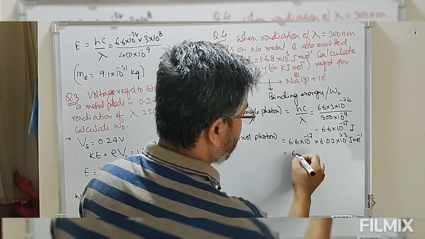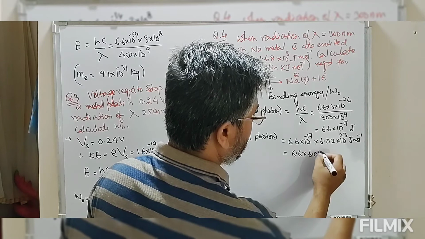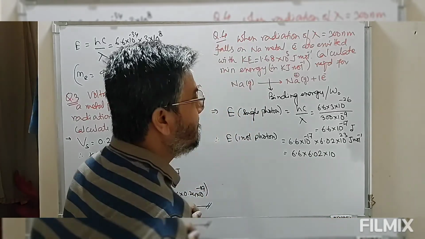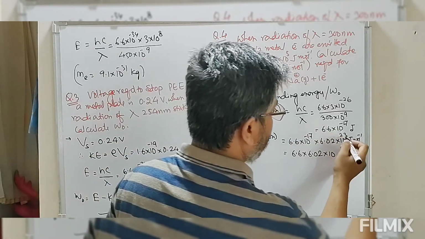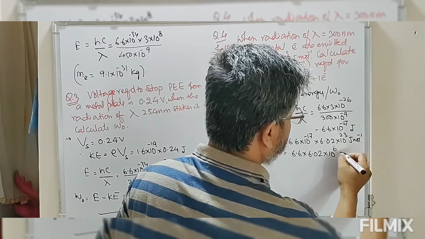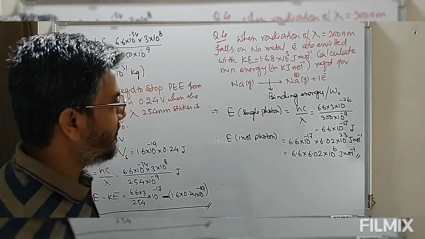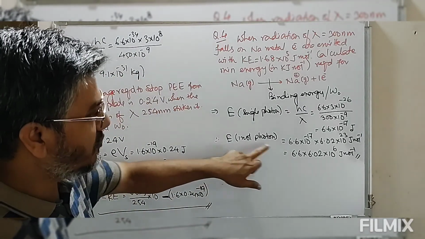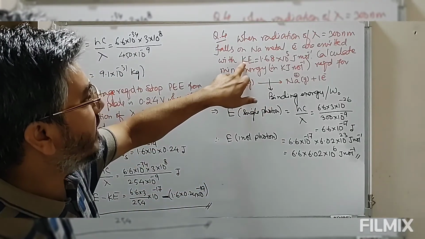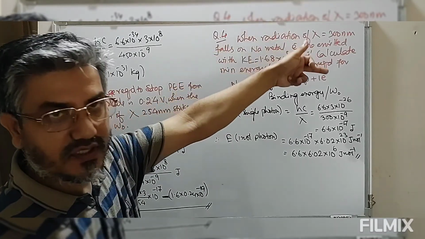So we can say 6.6 into 6.02 into 10 to the power 6 joule per mole. So this is the energy of 1 mole of photons, and we have the kinetic energy of 1 mole of ejected electrons.